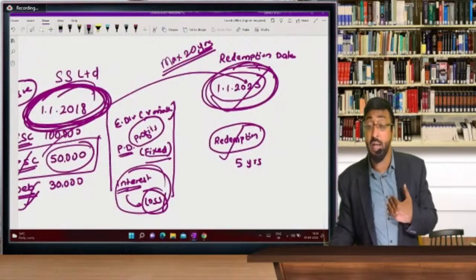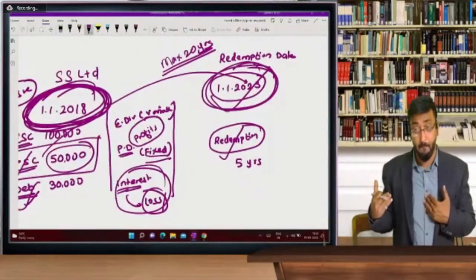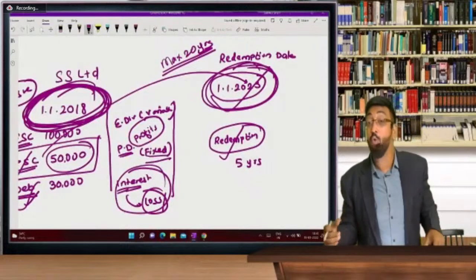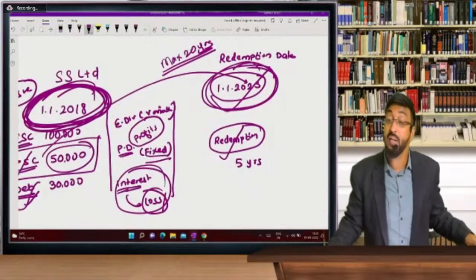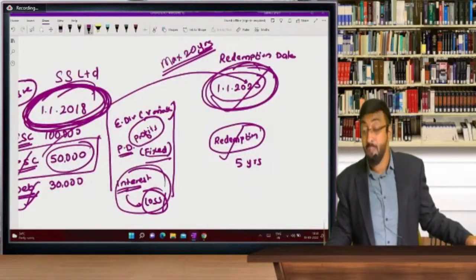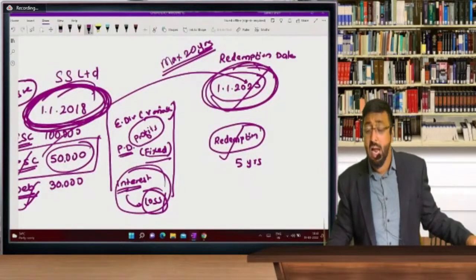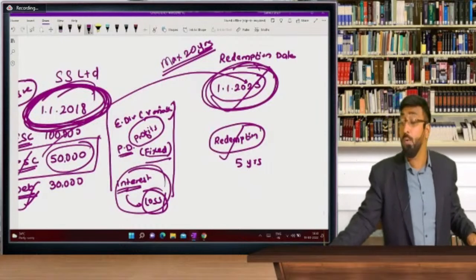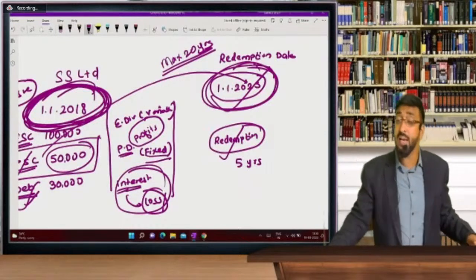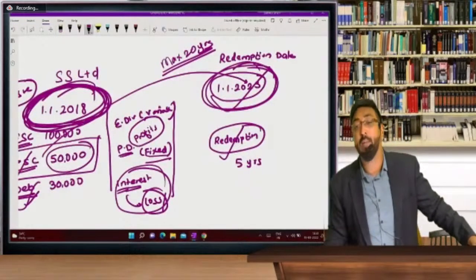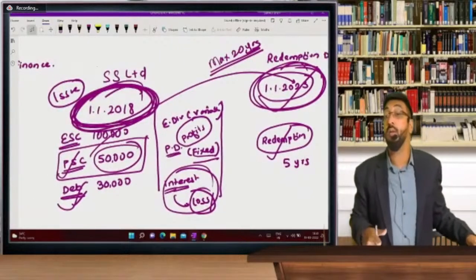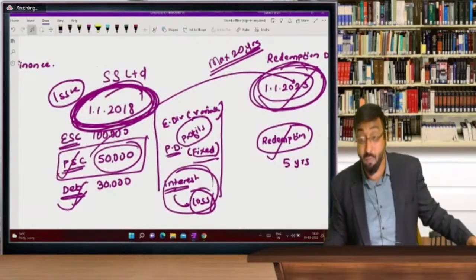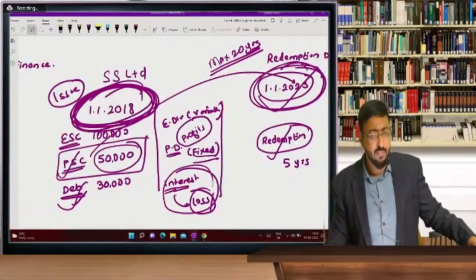Suppose I have taken some amount from my friend as a loan, I have to decide in advance when I will give his money back. Even in a home loan, my home loan is of 20 years and my father-in-law's home loan is of 10 years. It is decided bank to bank on repayment capability, but here the company has to decide its own redemption date in advance, and in our example it is 5 years.